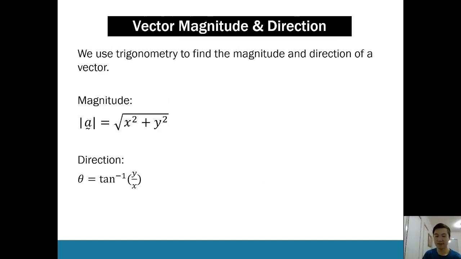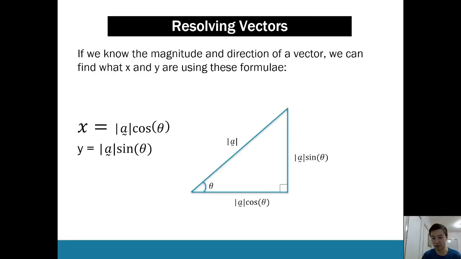So to find vector magnitude and direction, you can use trigonometry. Basically Pythagoras, in order to find the magnitude of a vector, is just square root of x squared plus y squared. And then you can also use the tan ratio in order to find the angle, the direction it's traveling in, the angle which it makes with the horizontal. And if you know the magnitude and direction of a vector, you can also resolve it into its horizontal and vertical components as well.